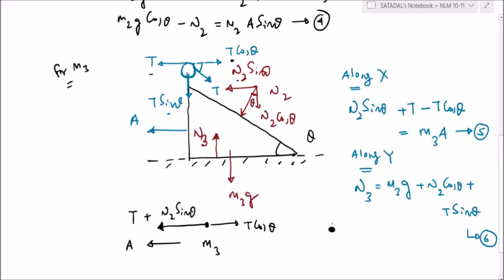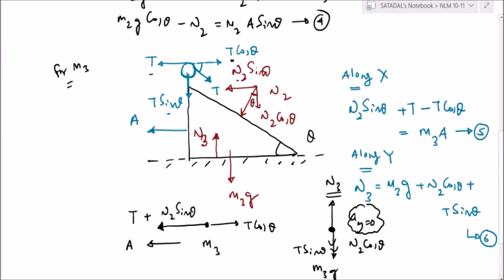Be quiet, look here. Along the same y direction, point particle. What is the force? N3 in the upward direction. All the remaining forces are in the downward direction, check. M3G, N2 cos theta and T sin theta. Is there any acceleration along y? Zero, right?